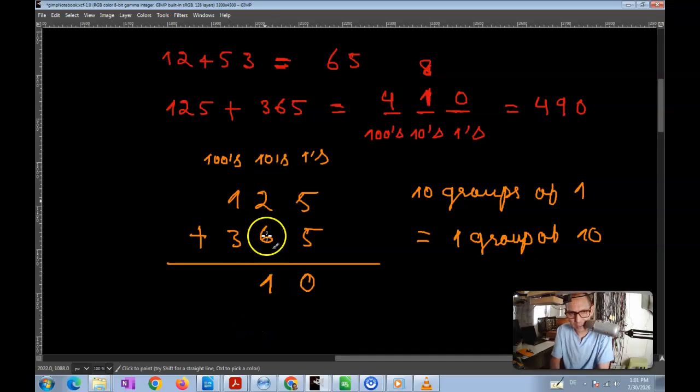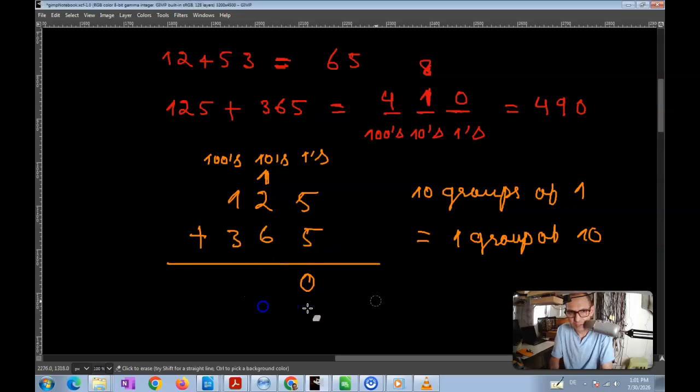Now, because I still want to do the rest of this operation, meaning these groups of 10 are still there, what I'm going to do is that this 1, I'm going to put it over here. And that's the reason why we do the carryover in addition and subtraction and that sort of thing. Instead of putting the 1 over here, I put it over here.